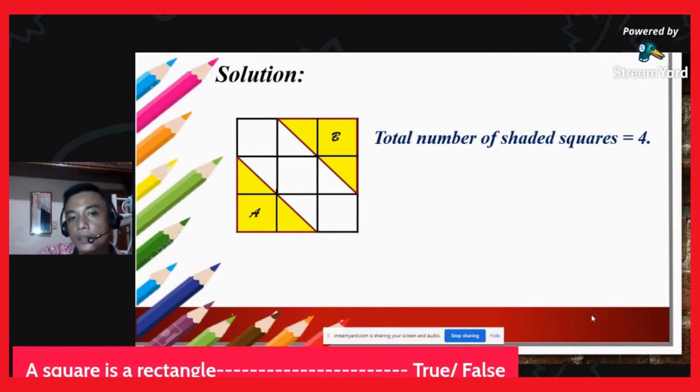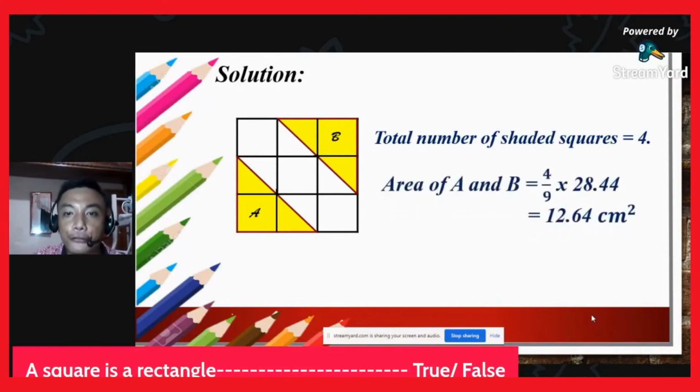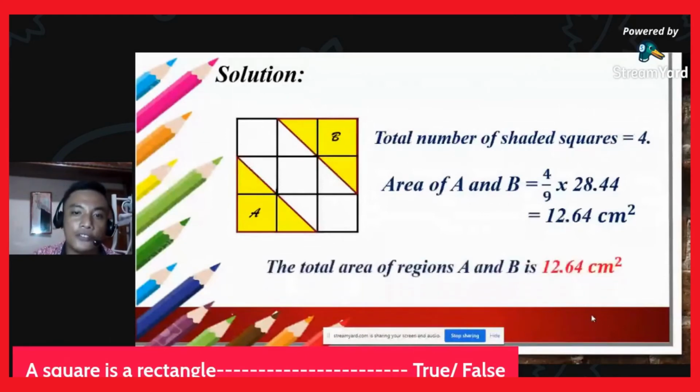We have 2 from A and 2 from B. Therefore, that is simply equal to 4/9 of the area of the whole square. So the area of A and B is 4/9 of 28.44, which gives us 12.64 square centimeters. Therefore, the total area of the regions A and B is 12.64 square centimeters. Did we arrive at the same answer?